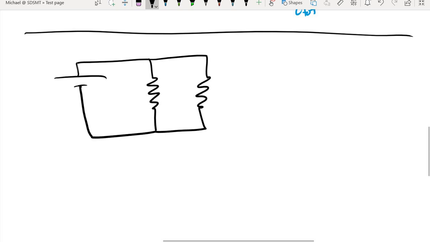So we'll make ourselves a fresh sketch here of the system. And we'll go back to what we know. We know that there's some total current that will come out of the battery. That total current will split into current 3 and current 4.